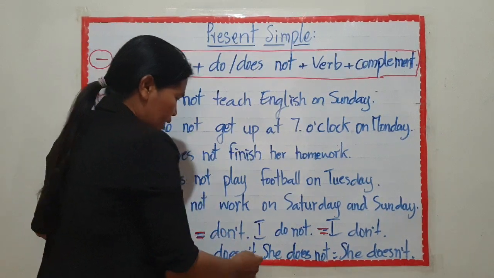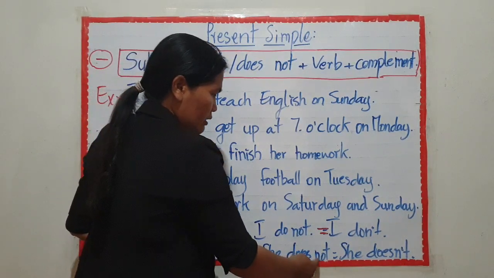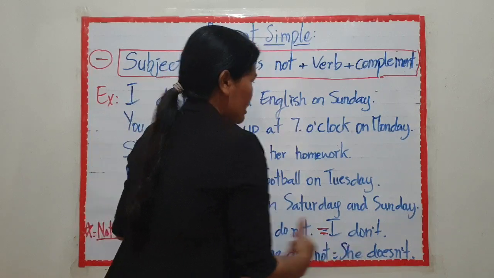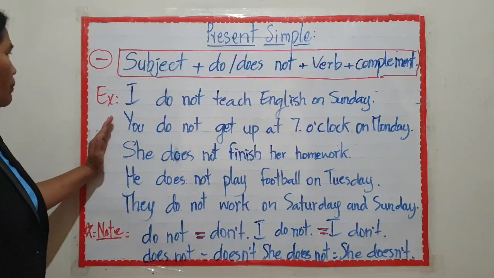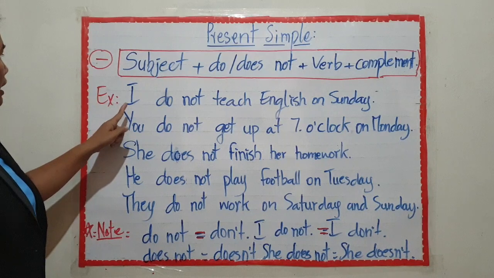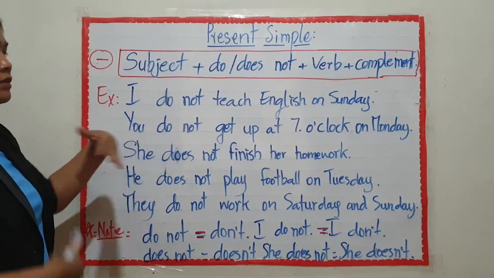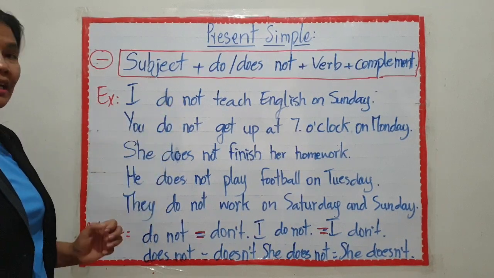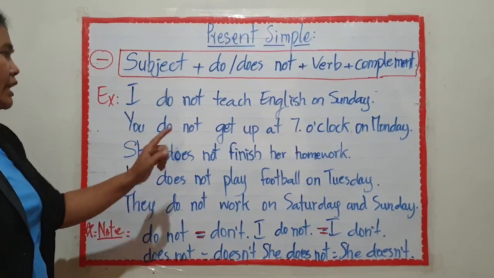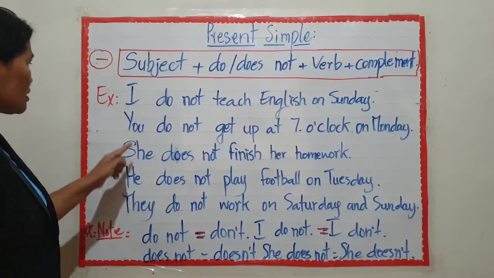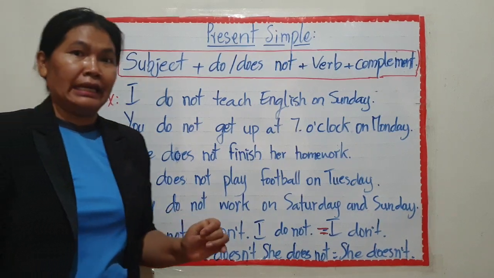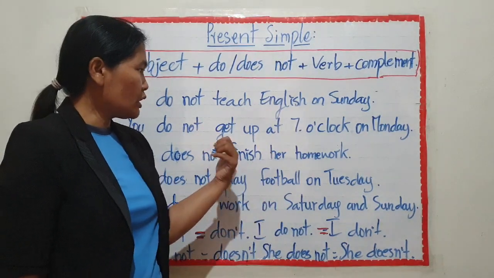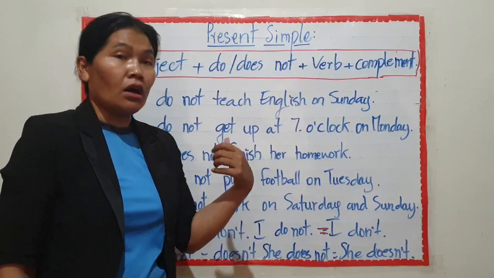Like for example, she does not, so you can make she doesn't. Also like this one, teacher uses I do not, so when teacher makes it short, it's going to be I don't teach English on Sunday. You do not get up at 7 o'clock on Monday, so it becomes you don't get up at 7 o'clock on Monday.